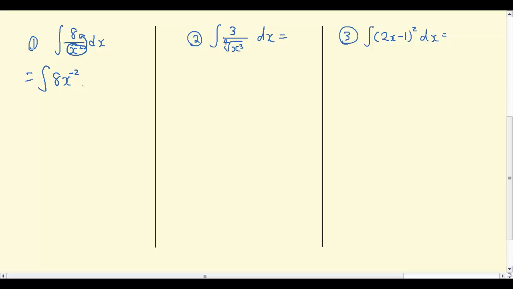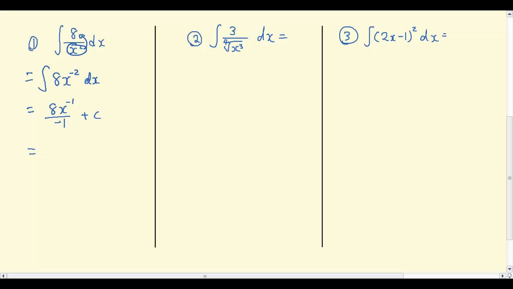I still have not integrated yet, and then I will integrate it after I have done that using the rule. So the rule is 8x to the power of -1, because -2 plus 1 is -1, over -1 plus c.